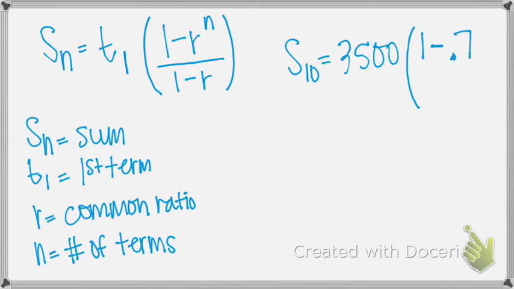How many terms am I looking for? 10 divided by 1 minus 0.7 again. So all I did was plug that in. I hadn't even done any math yet. Okay? So, get your calculators.